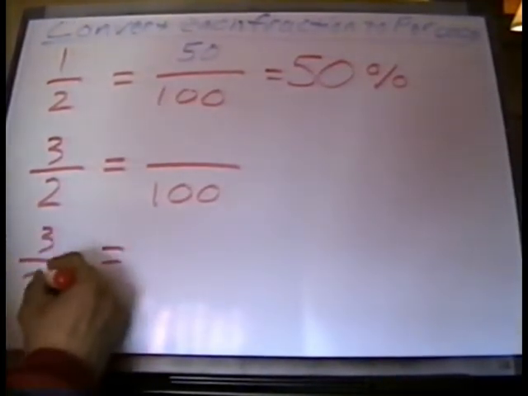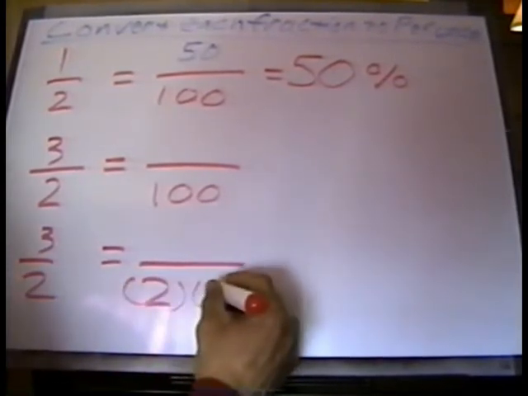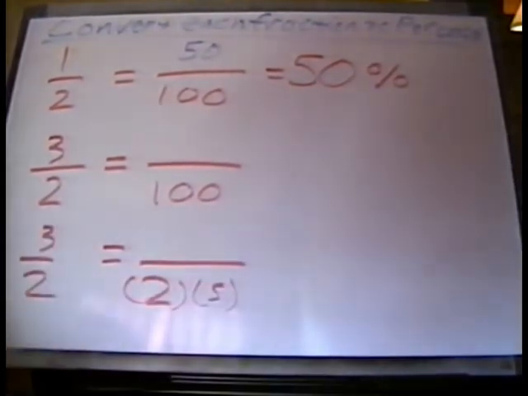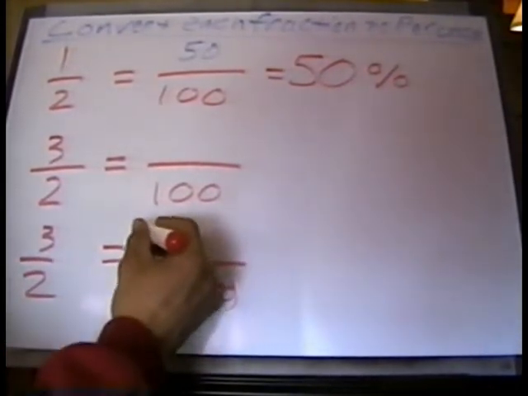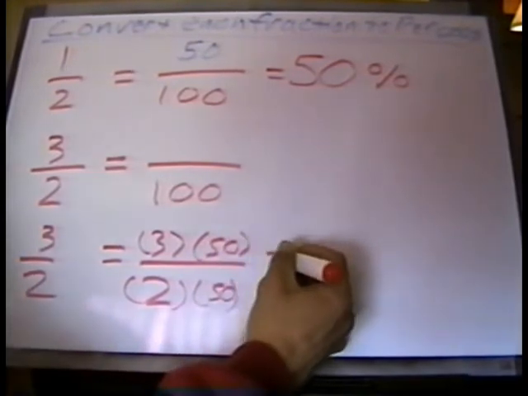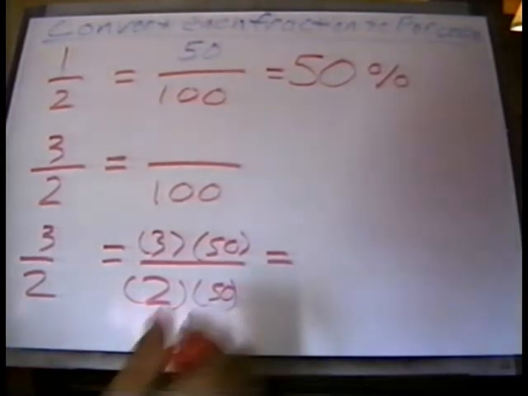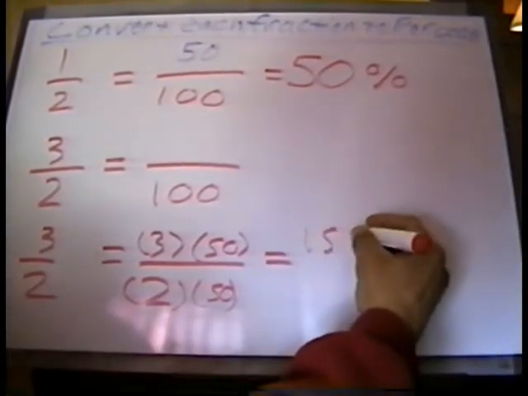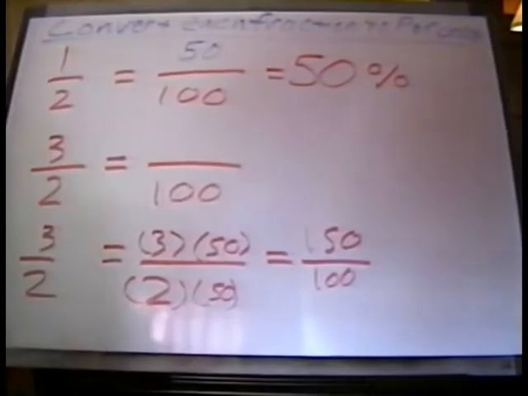So 3 halves, that's 2 by 50. So I'm going to multiply the 3 also by 50. That's going to give me 150 over 100.